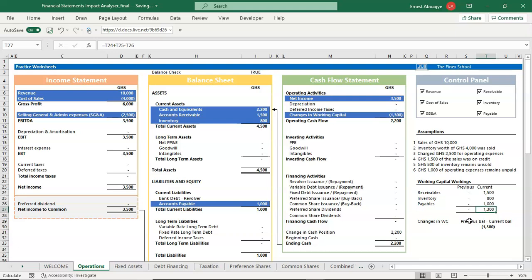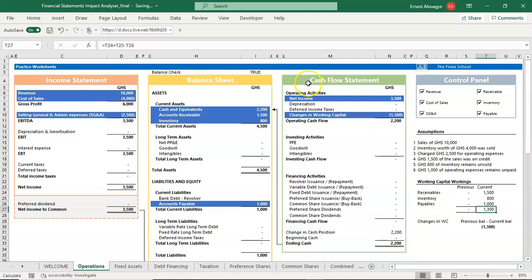So what is here is that we have 1,500 of our cash locked. We have 800 of our cash locked to inventory, but then we have charged some 1,000 we haven't actually paid, so that becomes an inflow. So 1,500 outflow plus 800 outflow, because we haven't received that cash yet, and this cash we have expensed but we haven't paid, that is technically an inflow. So we get a balance of 1,300.